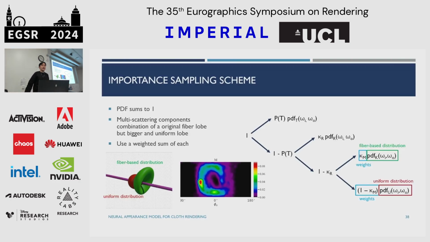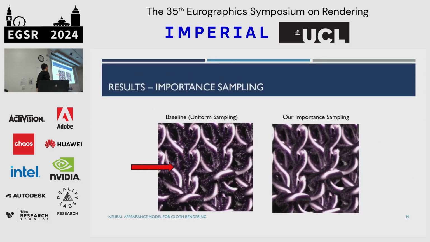That reflects directly in our importance sampling scheme: a weighted combination of the fiber-based distribution on a bigger scale and the uniform distribution. In total, our importance sampling scheme is a weighted combination of all the PDFs above. As you can see, I hope, the noise in the baseline uniform sampling and the importance sampling scheme, before and after, shows the reduction in variance.